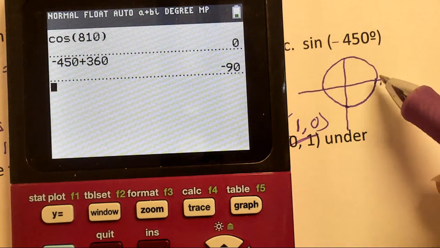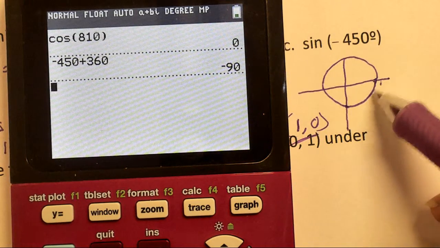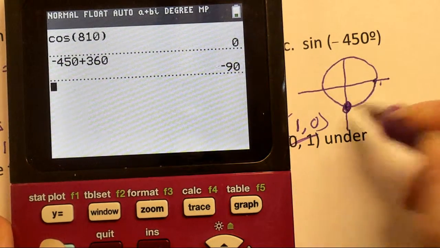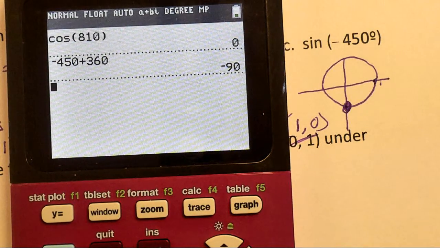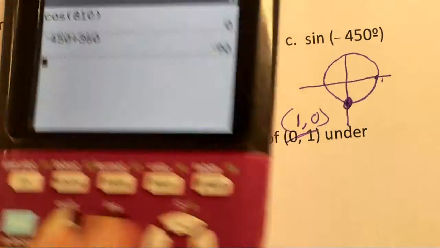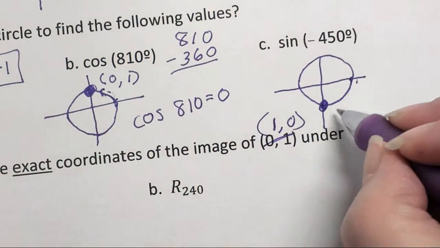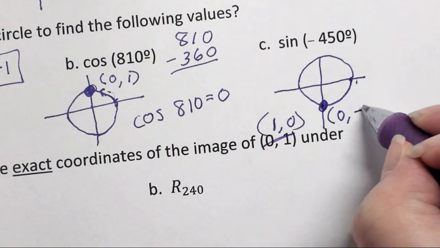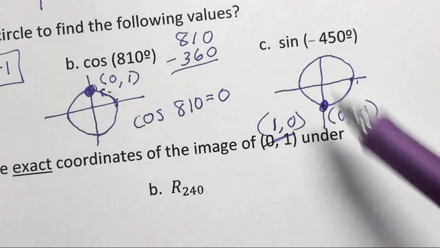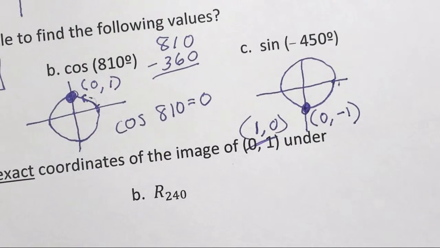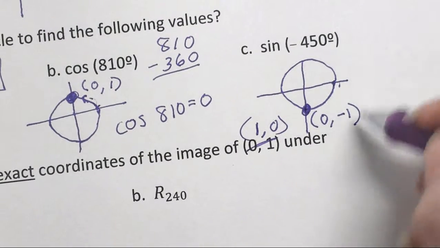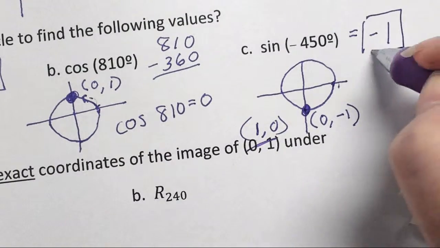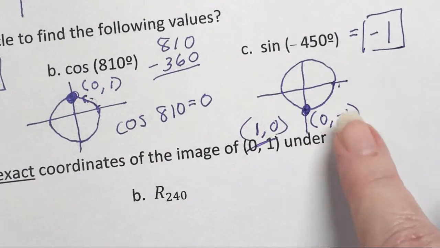So I went around, I have a negative 90 left, so I have it right here. So this coordinate again, class, is 0, negative 1. So sine of this is negative 1. Because this is my cosine, that's my sine.